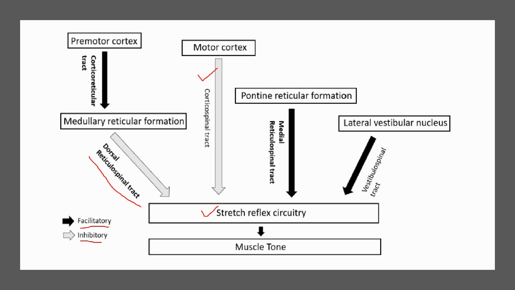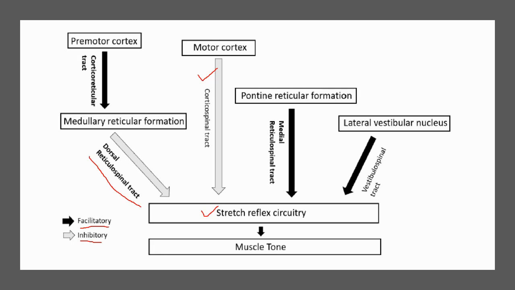So when the damage occurs to the corticospinal tract and more importantly the dorsal reticulospinal tract, you get an exaggeration in the tone as well as in the reflexes. Now it is not the inhibitory thing alone. There are facilitatory pathways which actually facilitate the occurrence of the stretch reflex.